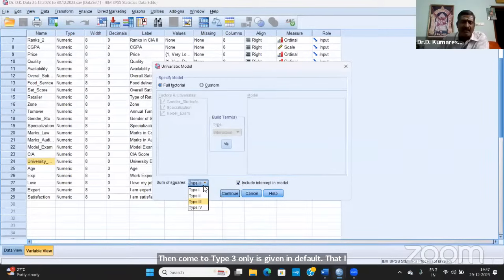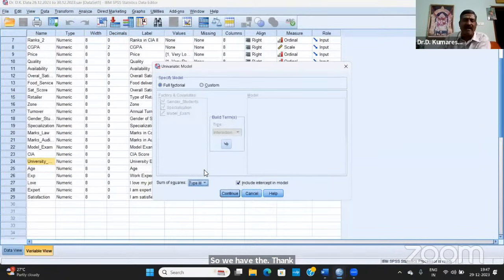There may be type 1, type 2, type 3, and type 4. So there are 4 different types of sum of squares. We are going for type 3 only, most probably. It is given as it is.